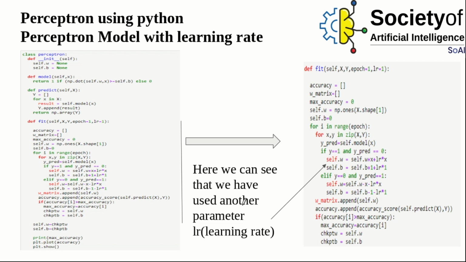Here we can see that we have used this learning rate parameter, and similarly in the else if condition also we have added this learning rate parameter.